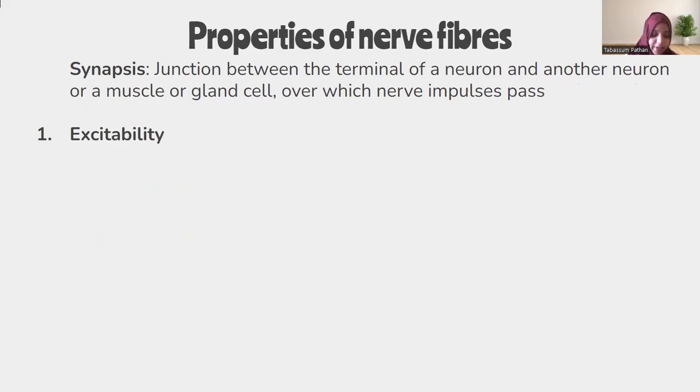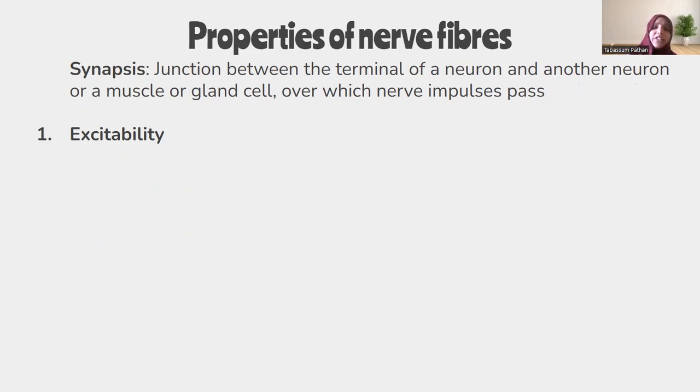Number one is excitability. What we mean by excitability is the capability of the nerve fiber to conduct the electrical impulse. This is because of the polarized membrane that is present.